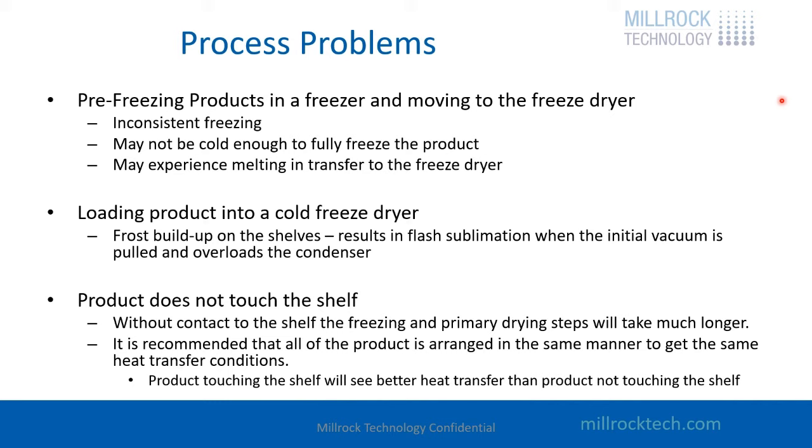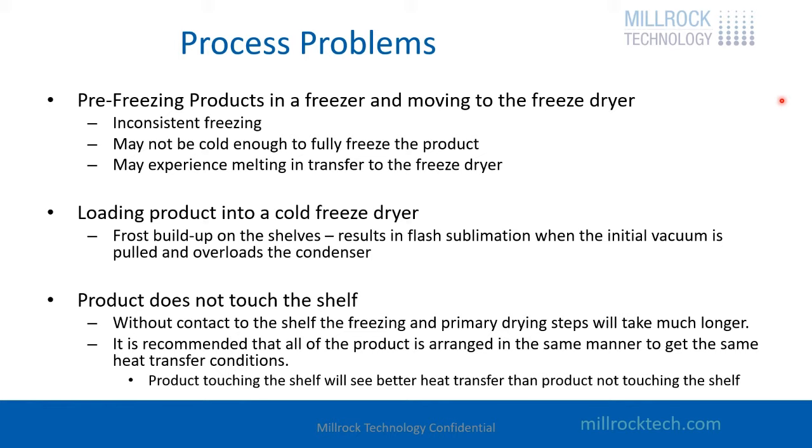We've already discussed that's the problem. Another problem might be that the freezer might not be cold enough. You might be putting it into a -15°C freezer instead of a -80° freezer. That may not be freezing the product, especially if you have something like a solvent in there or sodium chloride in there, or a lot of other sugars, by the way. It just doesn't have to be those materials.